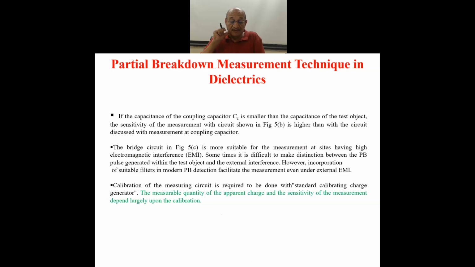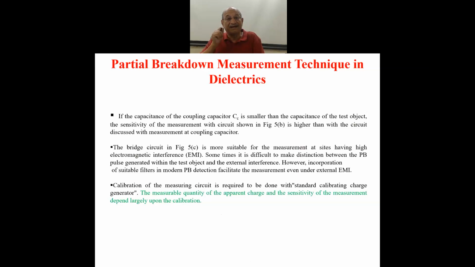That means what? If the capacitance of the coupling capacitor is smaller, that means the capacitance of the test object is high. The sensitivity of the measurement with circuit B is better.